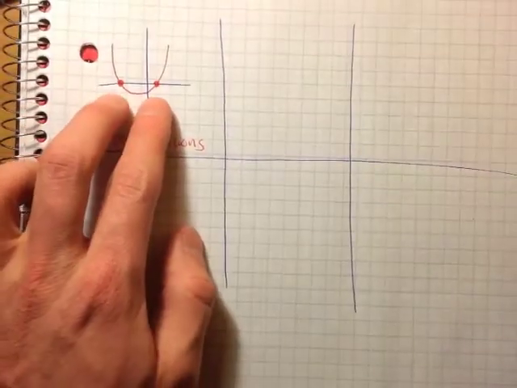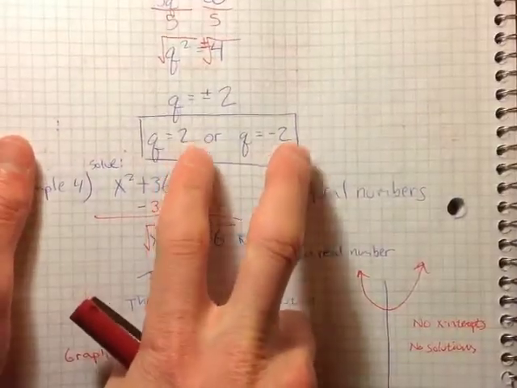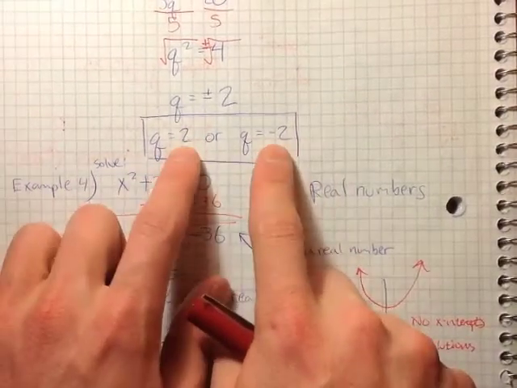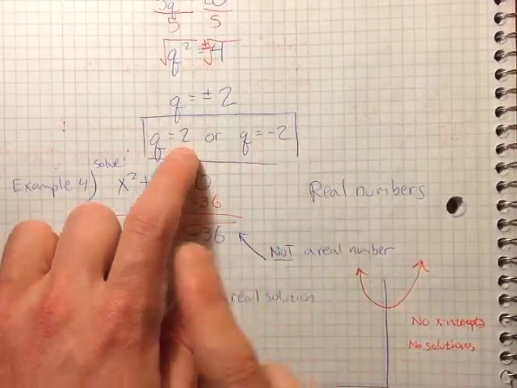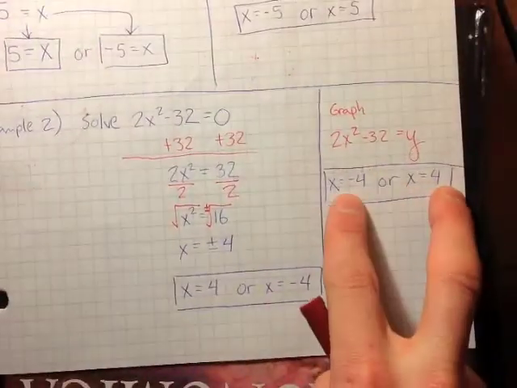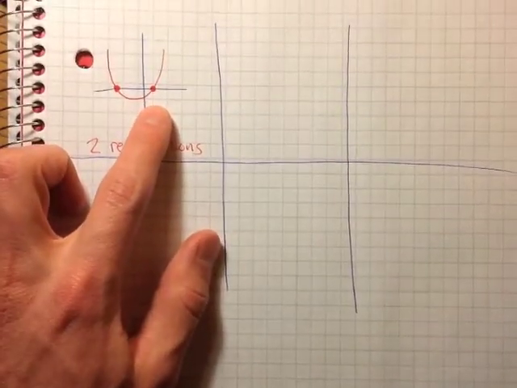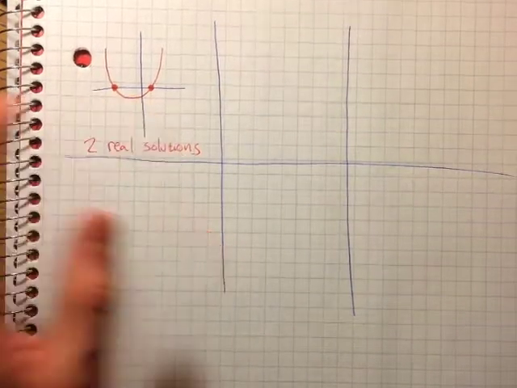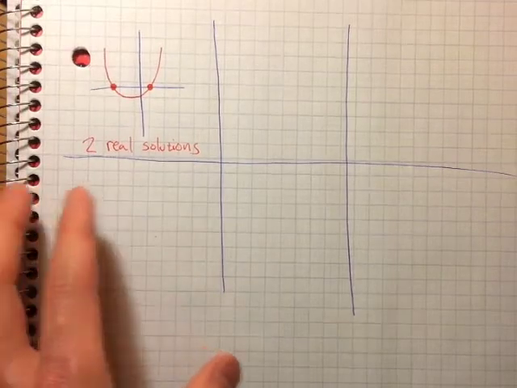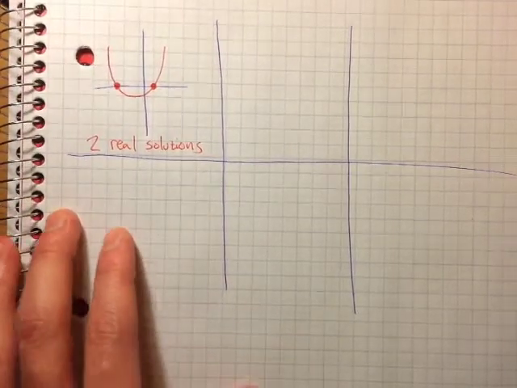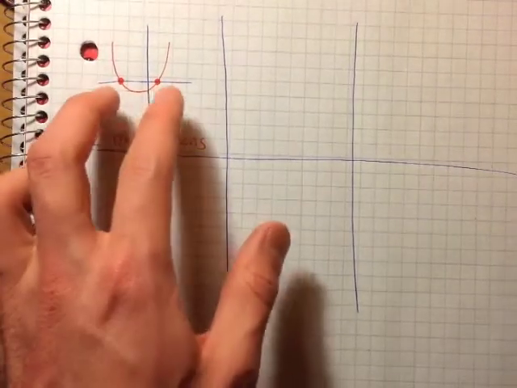Okay? That means that there are 2 intersection points. Now, unlike in these problems where the 2 solutions are just the opposites of each other, 2 and negative 2, or 4 and negative 4, that won't always be the case. They won't always be the opposites of each other. In the problem set that you're going to be doing after watching this video, they will be, probably, but they won't always be opposites. Okay.